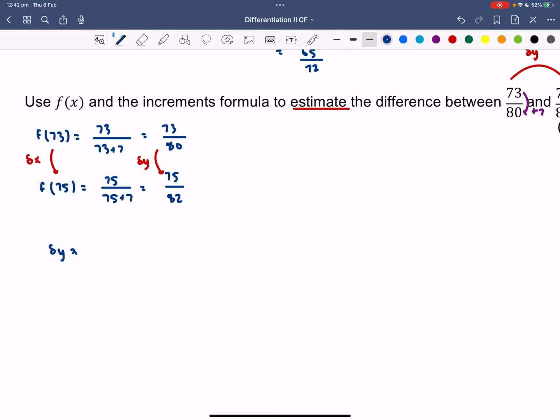The change in the y value is approximately, we all know the formula, dy/dx times Δx. So let's just work out what dy/dx is. We know the original function is x on x plus 7, so I just have to differentiate this. Copy the denominator, differentiate the numerator, minus the other way around.